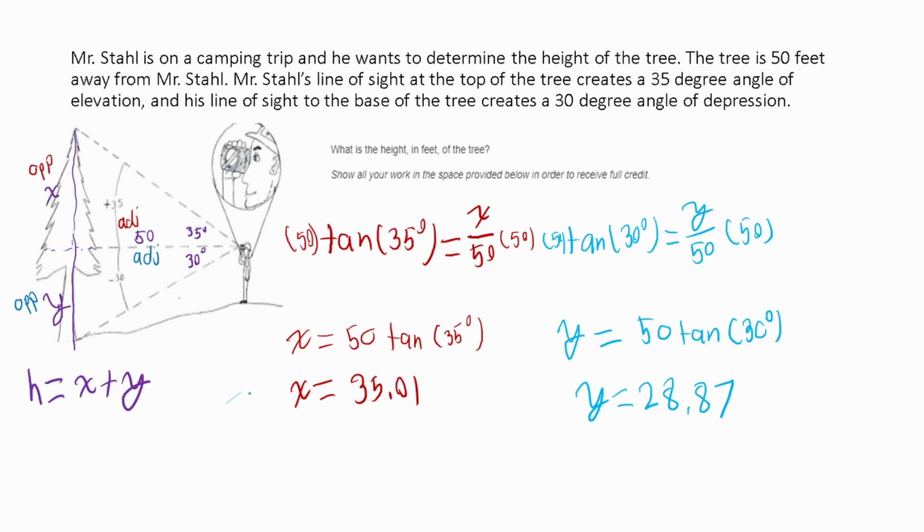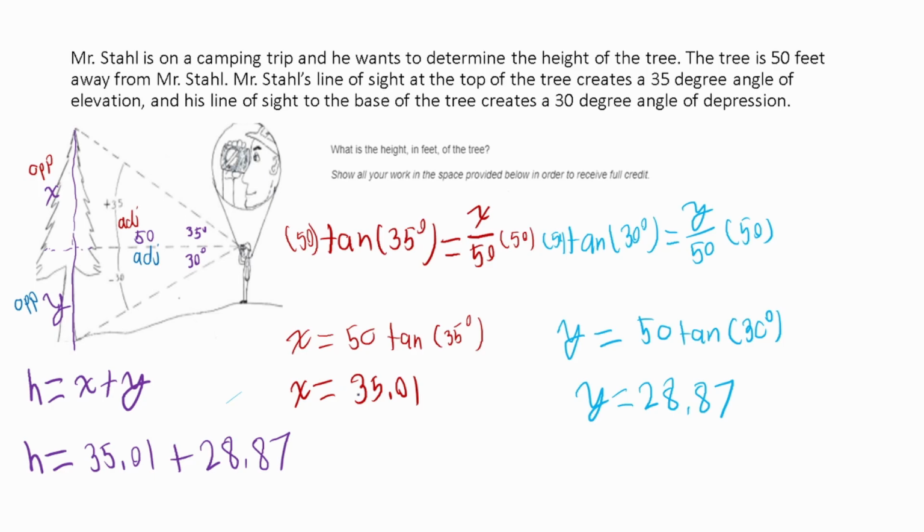But now, these aren't our answers. Remember, we have to plug it in to find the height of the triangle. Or, sorry, the height of the tree. So I'm going to put h equals, fill in my x, it's 35.01 plus 28.87. And finally, we just add these up in a calculator. 35.01 plus 28.87.